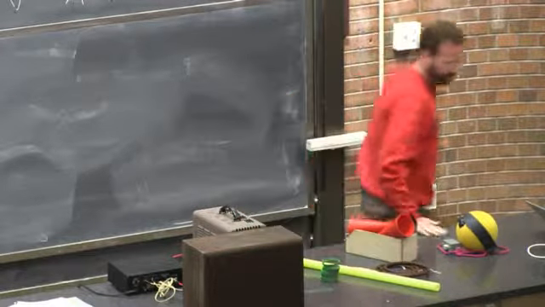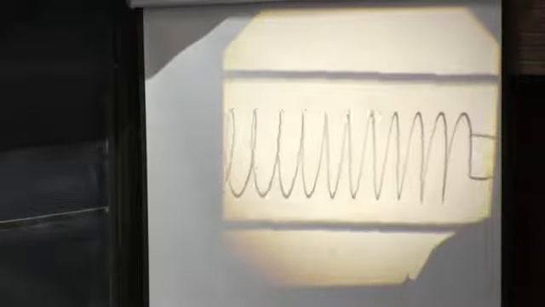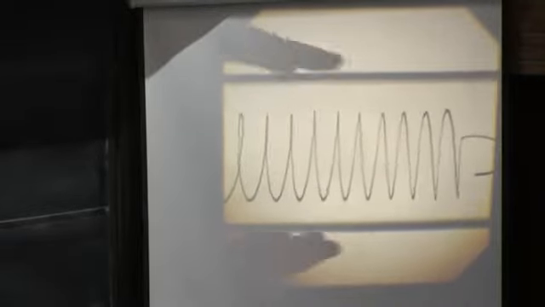All right, let's do this one. So this is just a stretched out slinky, but it's cool. I can turn the crank and make it rotate around in a circle. Little review here.